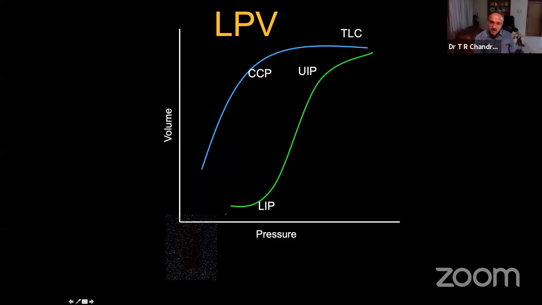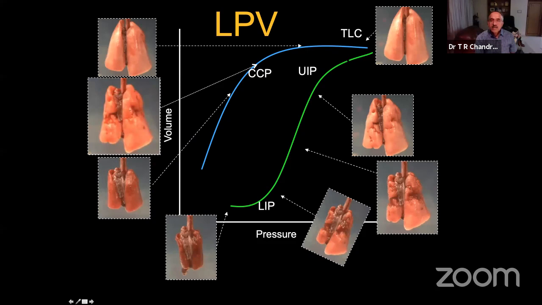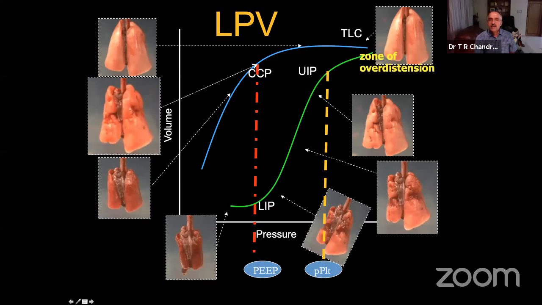This is another representation, just to tell you that pressure volume loops were used to understand or explain ARDS ventilation. See, in ARDS ventilation, if you don't set PEEP, the lung collapses with every breath. And if you have too much volume, there will be over distension. So if you have just around 6 to 8 ml per kg and a good amount of PEEP, then ventilation occurs between these two portions.